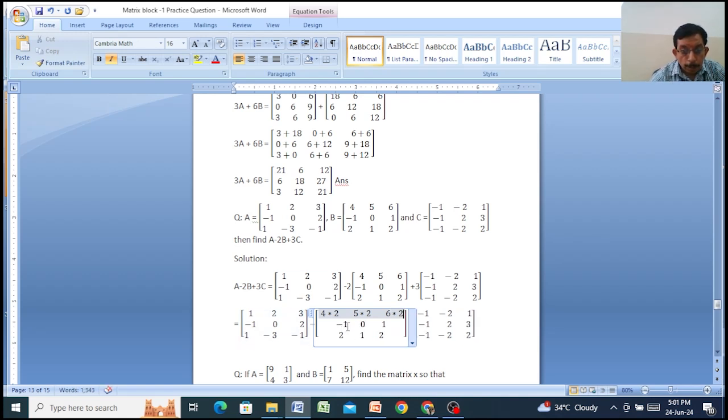Now the second row, we multiply by the scalar quantity 2, so minus 1 into 2, 0 into 2, and the last value of the second row, 1 into 2. Now we come to the last row of matrix B, 2 into 2. The second value of the third row, 1 into 2. And the last value of the third row is 2, 2 into 2.